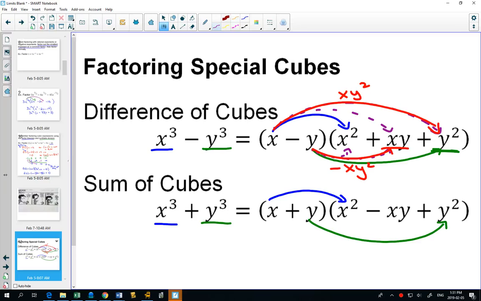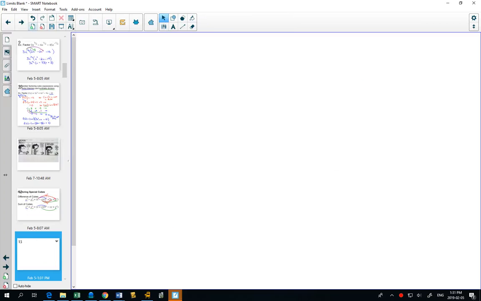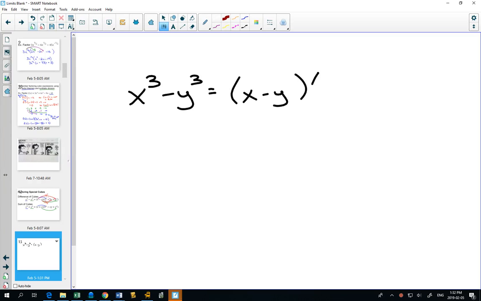So now I'm going to redo that without the numbers there. So I'm on my test, I see a difference of cubes, and I'm like, oh, how do I factor those? Because this is not on my formula sheet, and I have to remember this. So I say, okay, I remembered that it was x minus y times something.